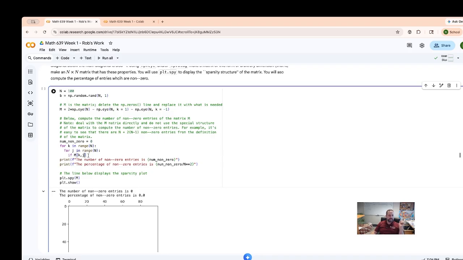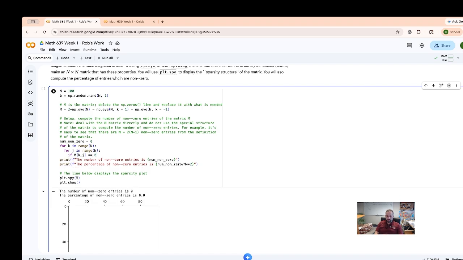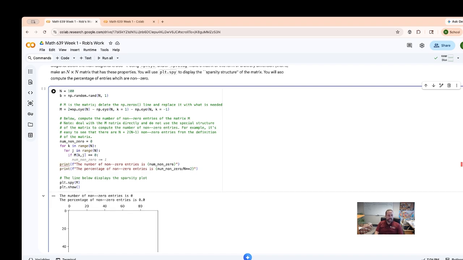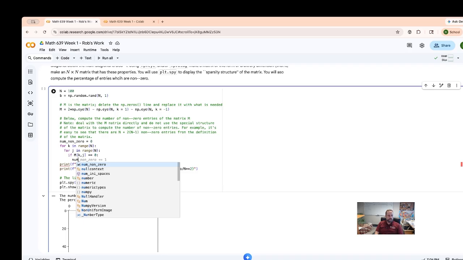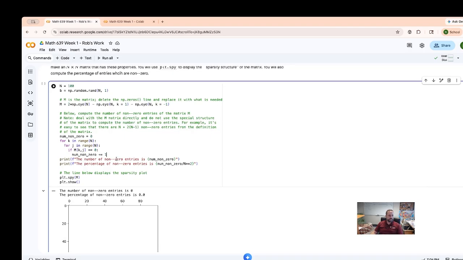M is a matrix, and if I want to refer to the entry in the kth row and jth column, this is exactly how we do this. So if this is equal to 0, then we're going to say num_non_zero plus equals 1. We're going to print that out here.